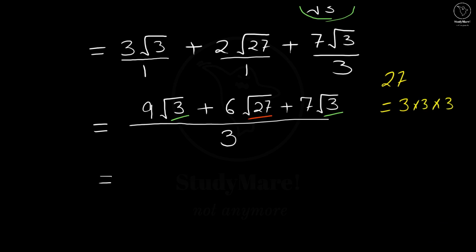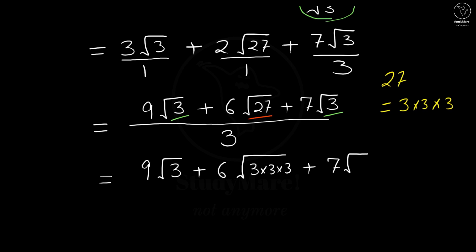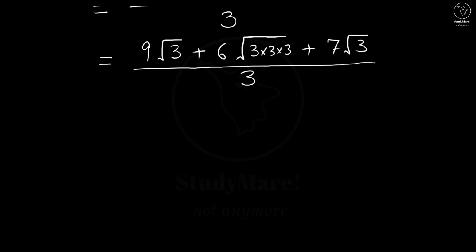That is 3 3s are 9, 3 9s are 27. So it simply means we already have 9 root 3 over here plus 6 root 27 can be written as 3 into 3 into 3 plus we have 7 root 3 and this entire numerator is divided by 3.